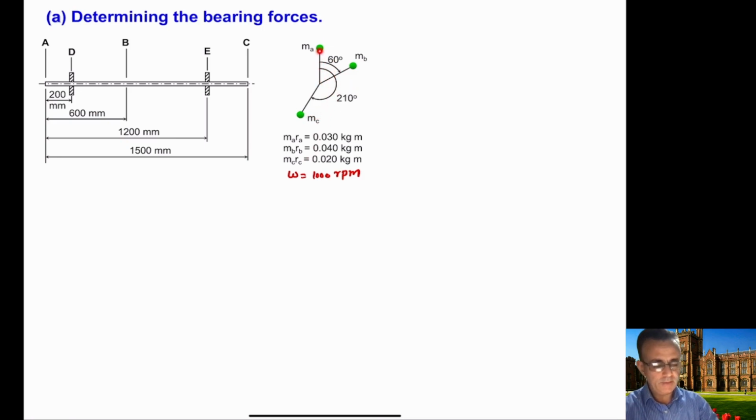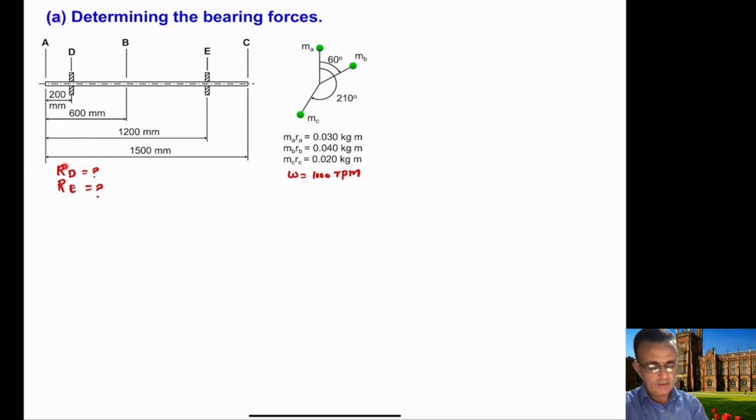MA is in the vertical direction, MB is making a 60-degree angle with the vertical, and similarly MC is making an angle of 210 degrees with the vertical. So in this case, we want to calculate the reaction force at D and the reaction force at E.